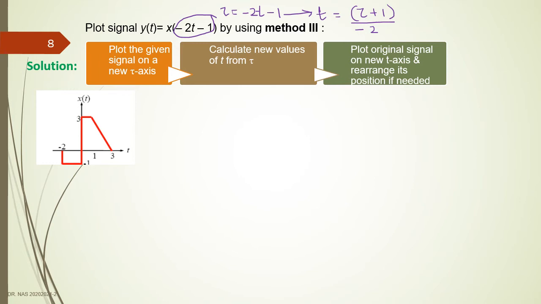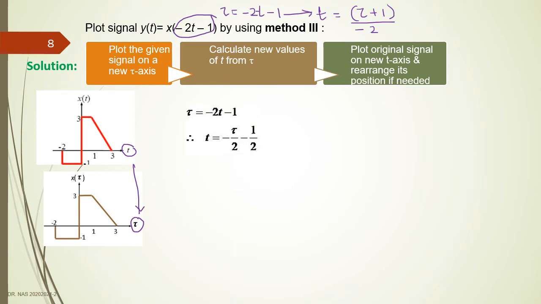First you need to plot the given signal on a new t-axis. The given signal is originally in the t-axis, so you need to replace t with tau. As simple as that. All values remain the same in t and the amplitude. Next, you need to calculate the new values of t from tau. We know that tau equals whatever equation is inside the bracket, so you can get the equation of the new t.